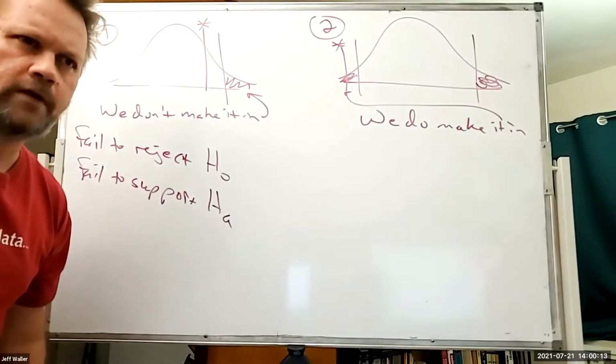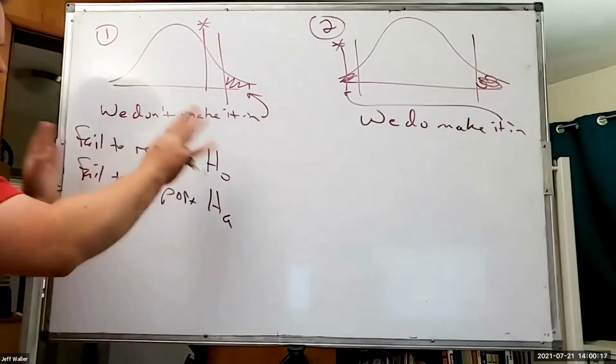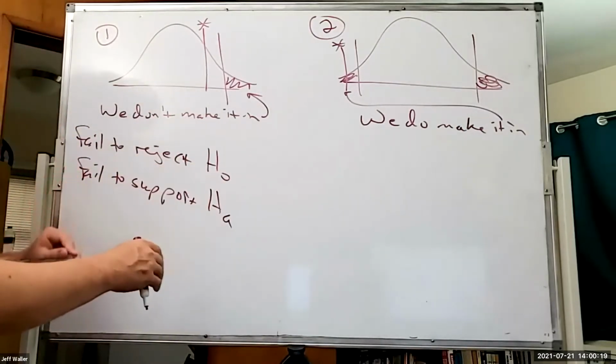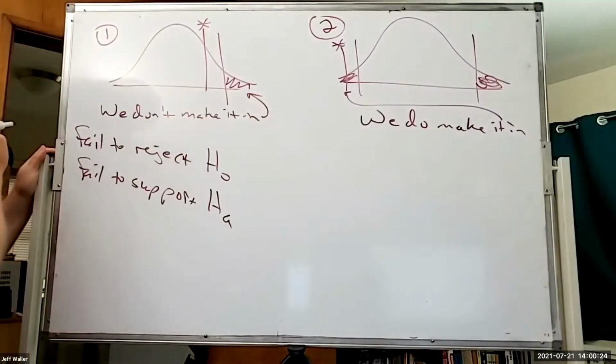Are you guys with me so far? If I don't make it in, I failed. So I fail at everything. But when you come to the conclusion, you word it to match the claim.